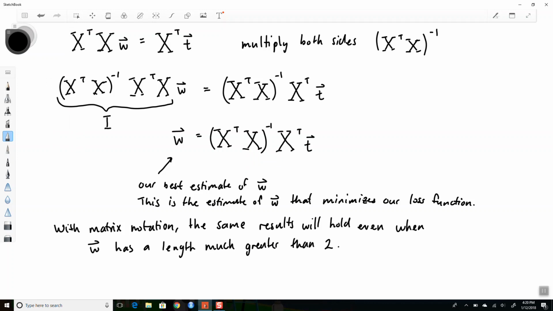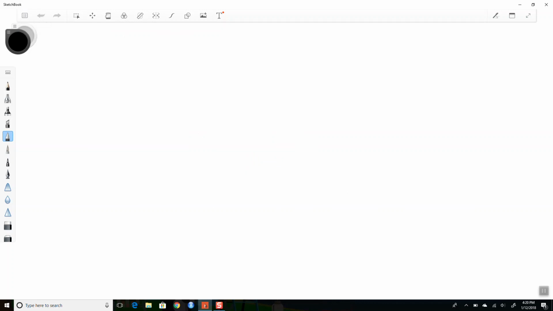These results okay? All right, so we'll just do a quick example. This is straight from the textbook, an example from the text. Let's say we've got 3 data points: 1, 4.8; 3, 11.3; and 5, 17.2.